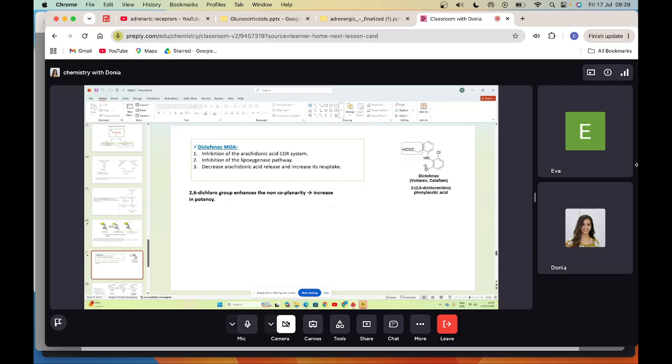From here we have a nitrogen attached to a dichlorobenzene ring. Again, these two chlorines are very important because they increase the non-coplanarity, increasing the potency. The same idea with sulindac, which is also not planar because of the Z and E conformation.